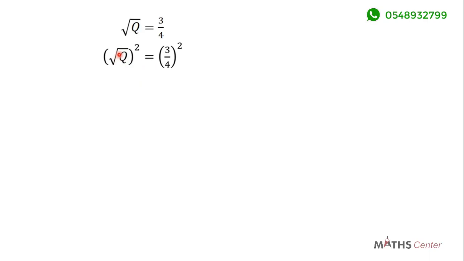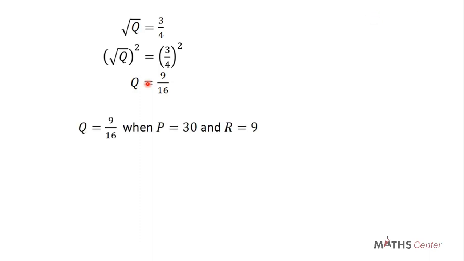The square of square root of Q is Q, and the square of 3 divided by 4 is 9 divided by 16. So Q is equal to 9 divided by 16. So from here we can say that Q is equal to 9 divided by 16 when P is equal to 30 and R is equal to 9.